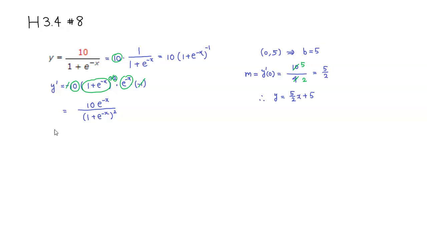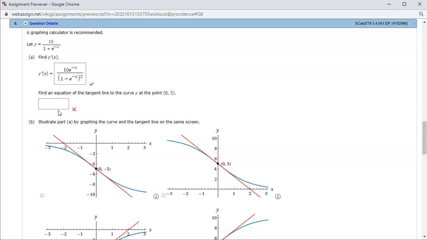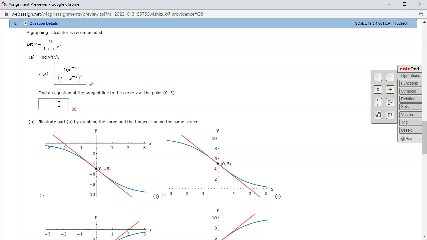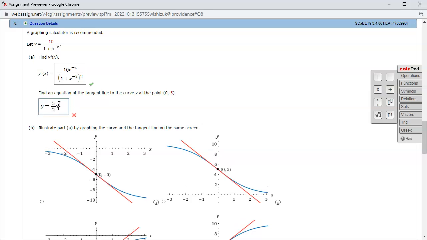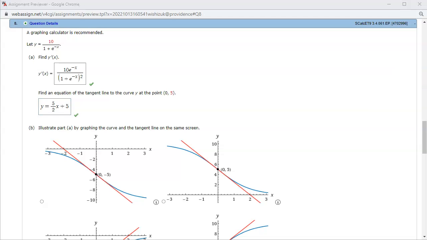So let's type it in: y equals 5/2 x plus 5. Let's check the answer. I came back and it looks like we got the equation of the tangent line correctly.